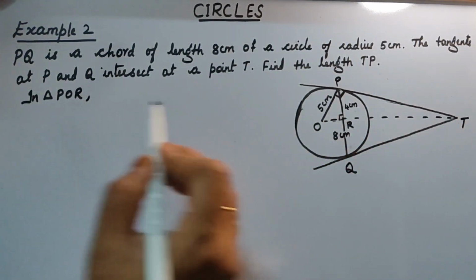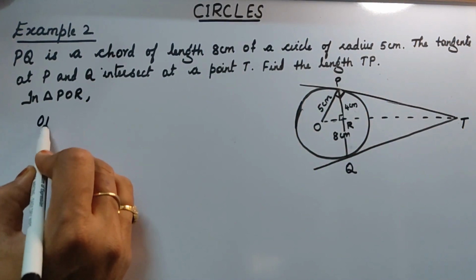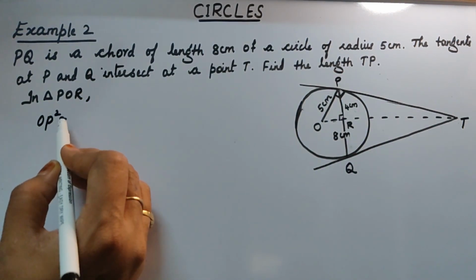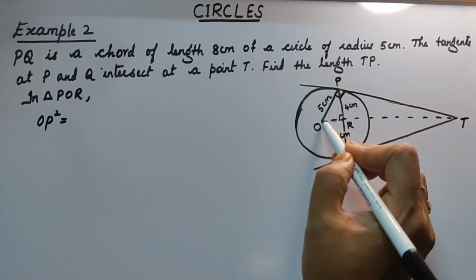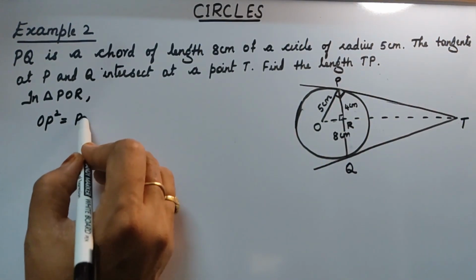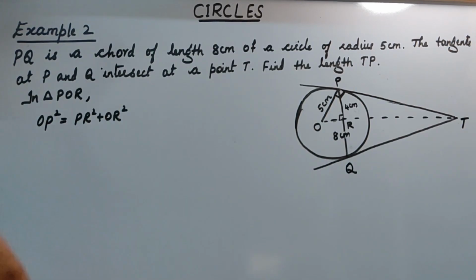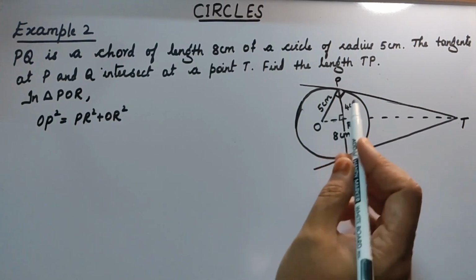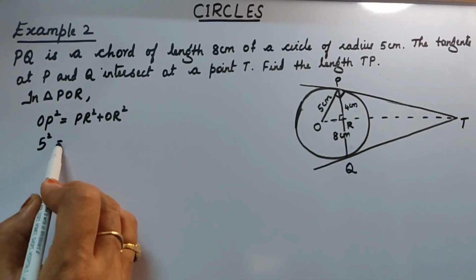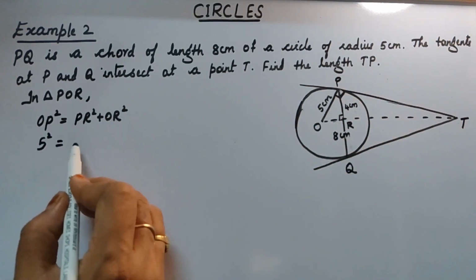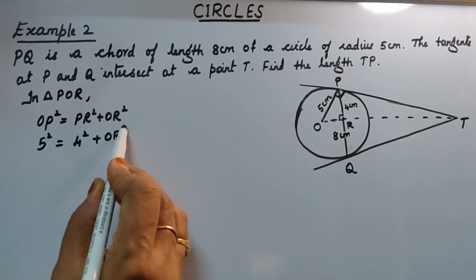Now, this is the hypotenuse. OP square is equal to PR square plus OR square. Now what is the value of OP? This is 5. 5 square is equal to PR, which is 4 square plus OR square.